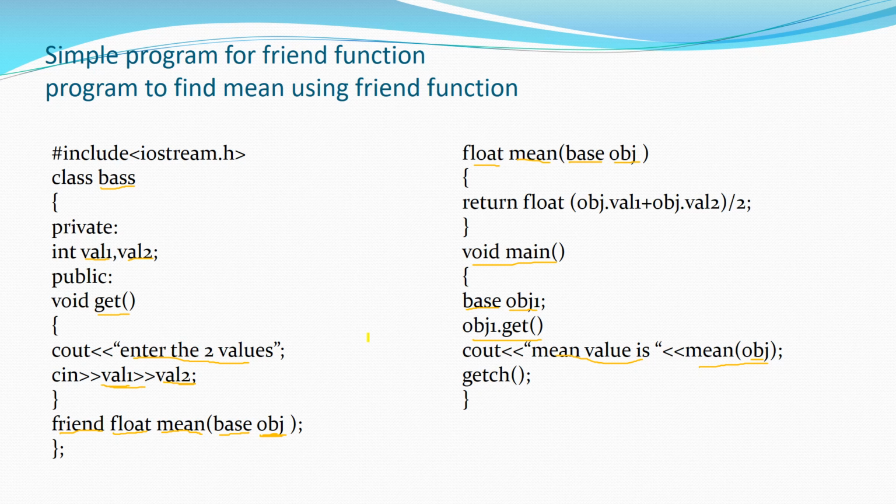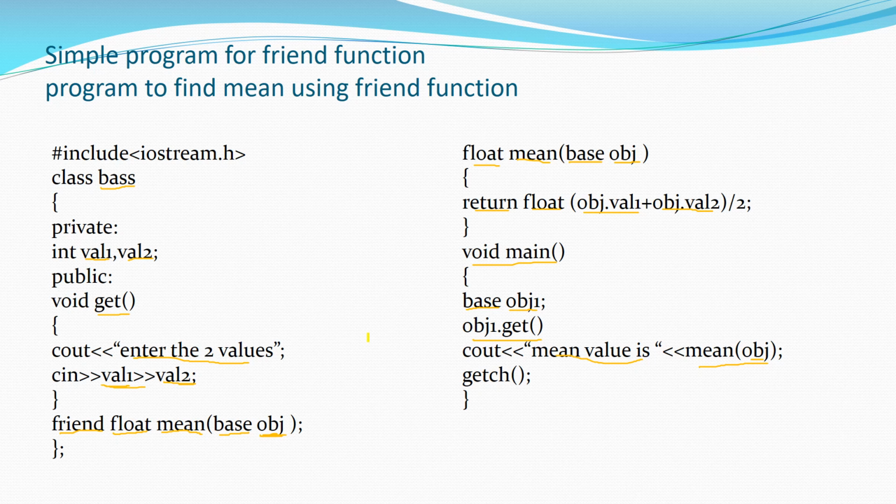Now I'm going to calculate the mean value, that is, return (float)(object.value1 + object.value2) divided by 2. I already said that the object is accessed using the dot operator. Suppose I have object.value1 as 10, which is the value passed, and object.value2 as 20.